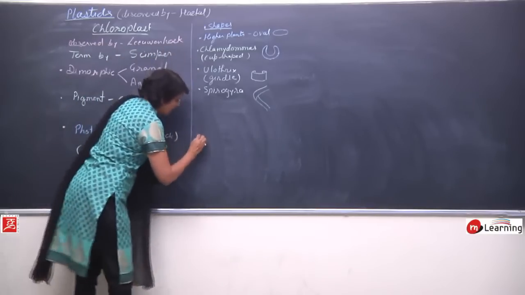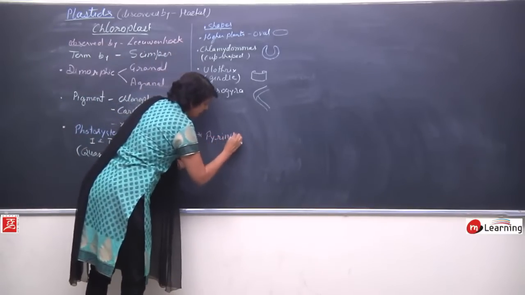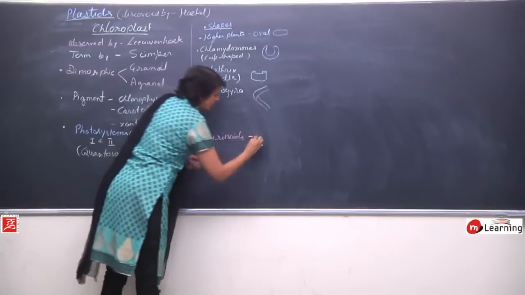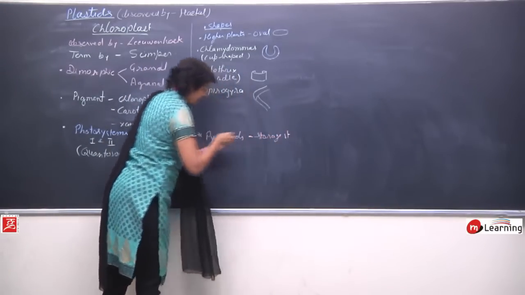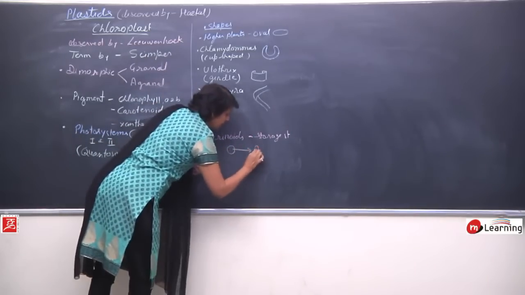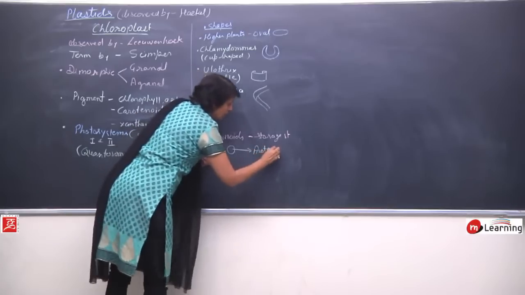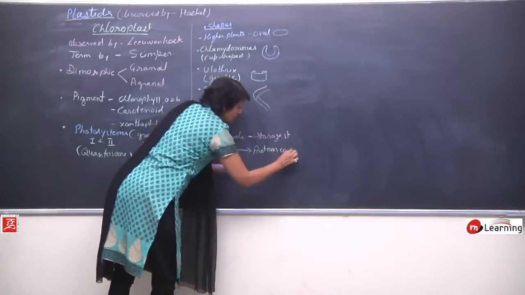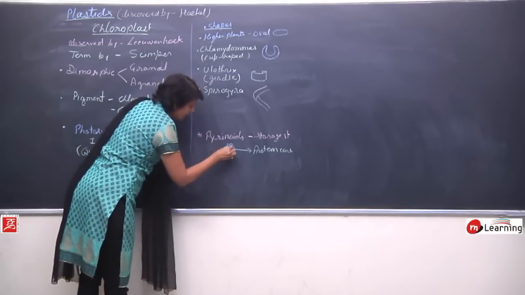So structures like pyrenoids, which are storage structures, contain a protein core which is surrounded by starch grains.